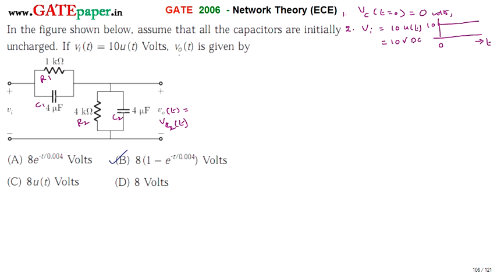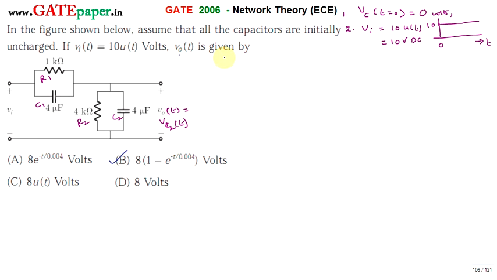The voltage across a capacitor changes exponentially with respect to the time constant. That can be written at any point of time if you know the initial value and final value of that capacitor. We already know the initial value, Vc at t equal to 0 is 0 volts. Next what we require is Vc at the final value, that is at t equal to infinity.